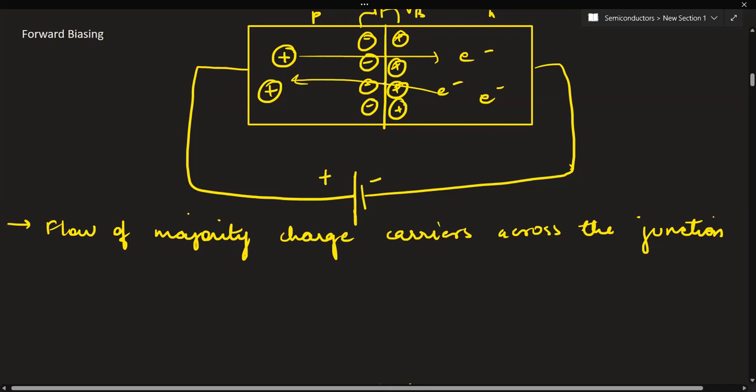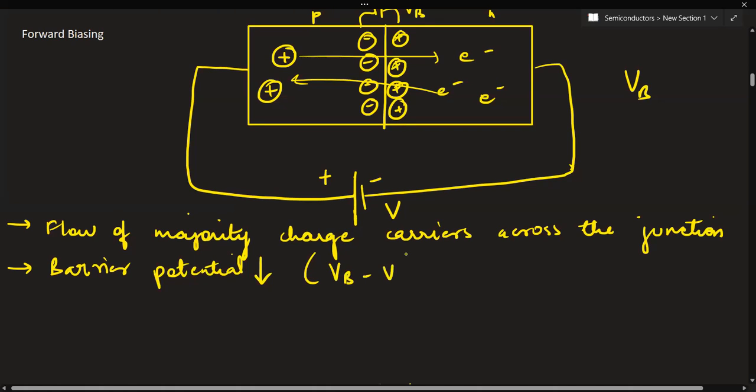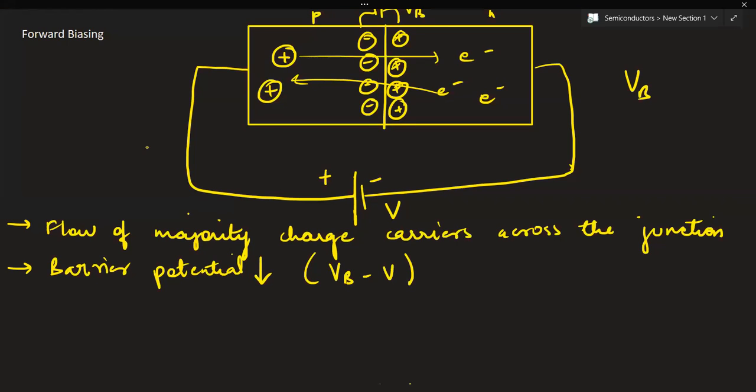Barrier potential is getting disturbed. Let's say VB was the barrier potential. Now it will be less than VB. Let's say V is the potential of the battery connected. Now the barrier potential will decrease to VB minus V.